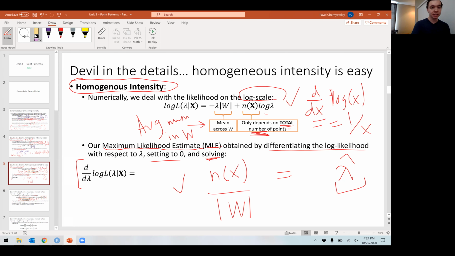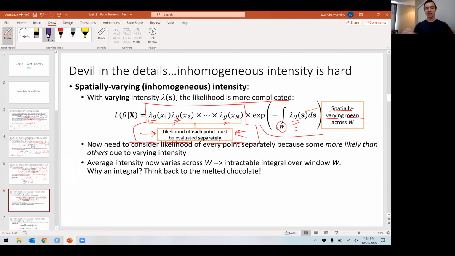Because this is homogeneous, this expression was the average number of points across your entire observation window. But now we have to somehow take what will eventually become a weighted average. So what we have is actually an intractable integral. No amount of perseverance will help us figure out that integral right there.